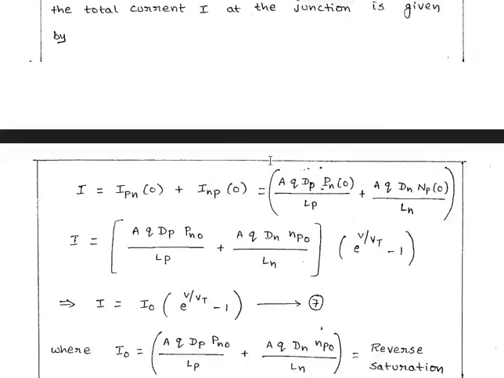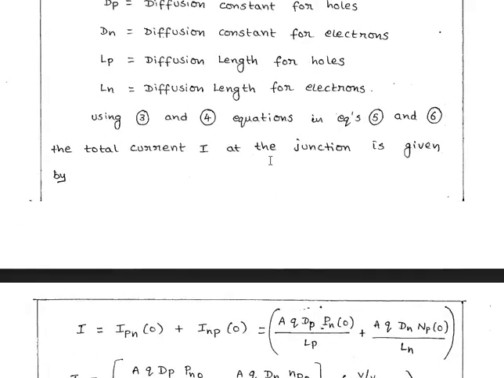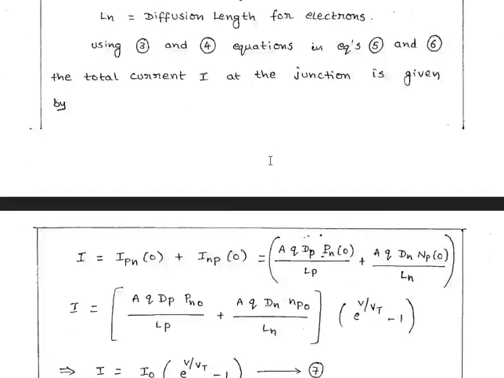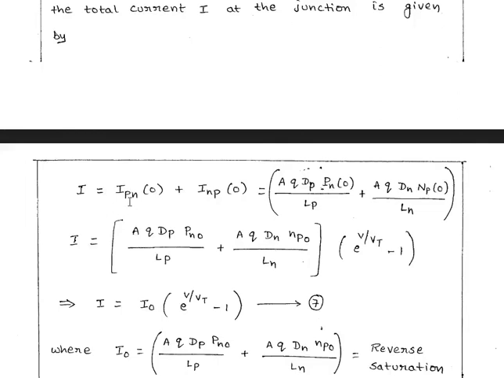Now, coming to the total current passing through the junction, it is equal to the sum of the current flowing from p side to n side at zero distance plus the current from n-type semiconductor to p-type semiconductor, the total current flowing at zero distance.